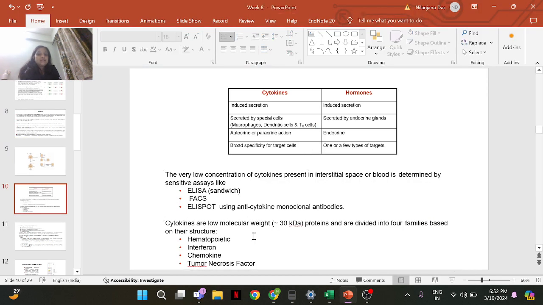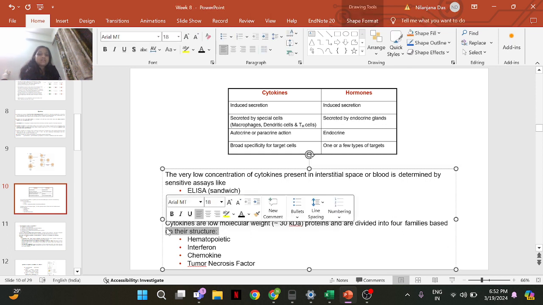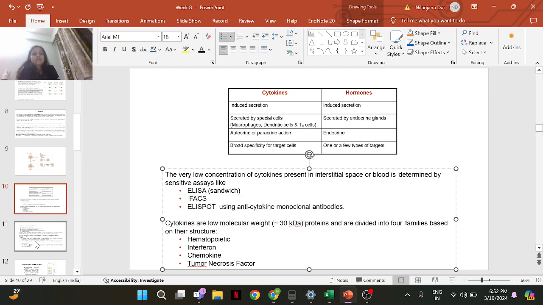The cytokines, as I already told, are very low in molecular weight, approximately 30 kDa. They are differentiated into four families based on their structure: hematopoietin, interferon, chemokine, and tumor necrosis factor.